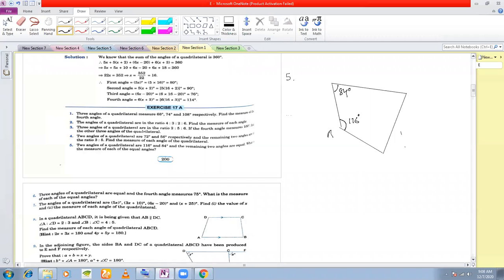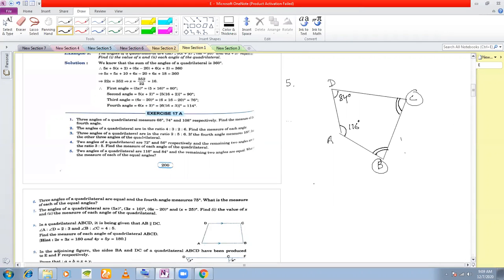Let's say you have ABCD as your quadrilateral. Two other angles are equal. That means, let's say B and C, these two angles are equal. How do you denote equal angles? Remember, we give this kind of a double curved lines to denote equal angles.